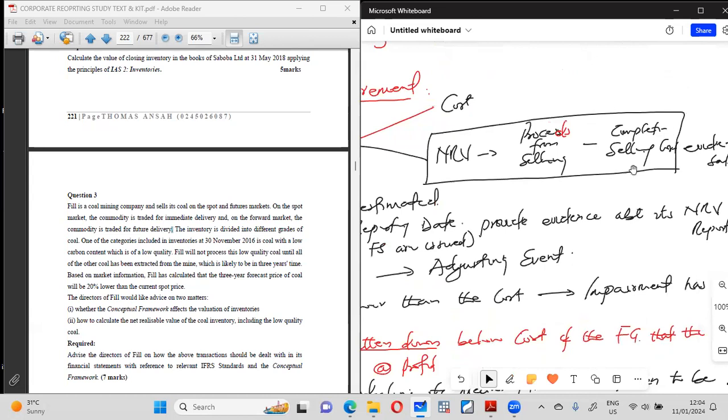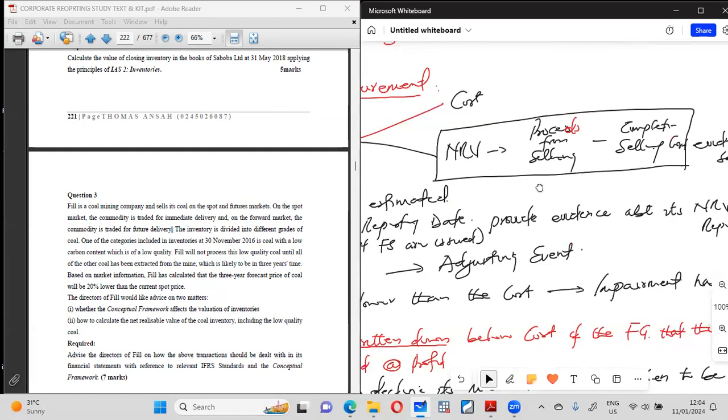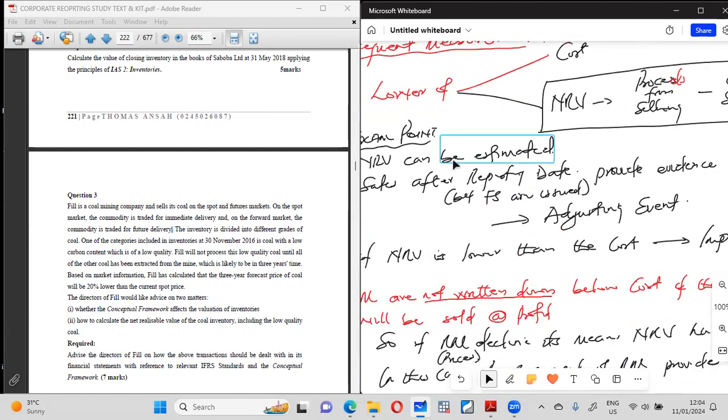Minus completion cost and what? Selling cost. So that is what, and at the end of the day, the lower of cost and net realizable value will be the one that will be placed in the financial statement. So the net realizable value, we also learned that it can be what? Estimated. So these are the things you are telling the examiner, it must be estimated.